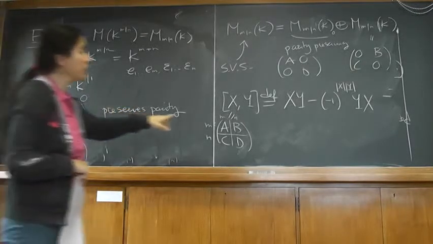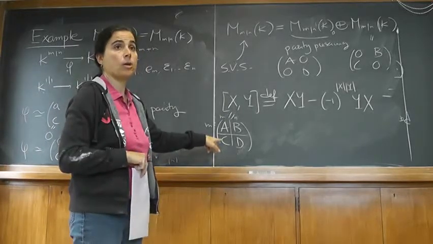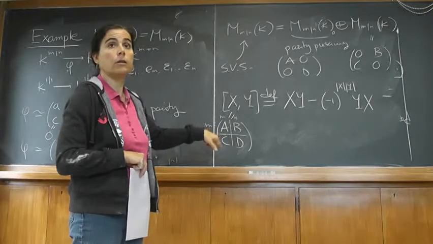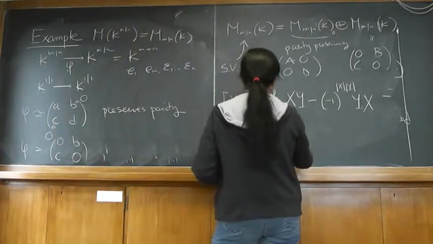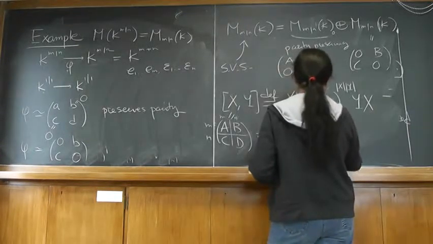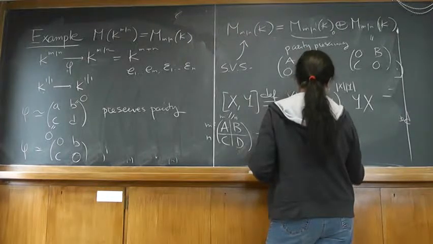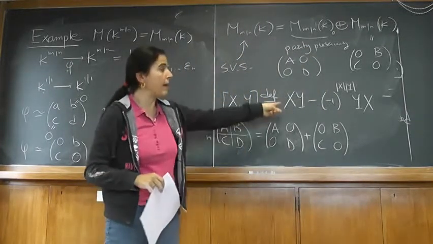If you have this definition, it will not make sense for the generic matrix because it's not even or odd, it's mixed. But you can split this, and then you can apply this definition.